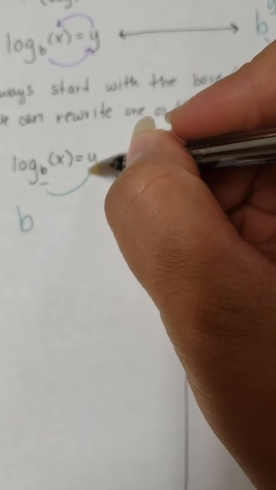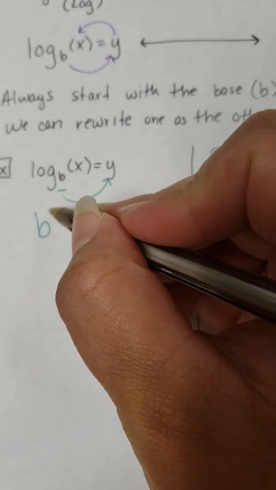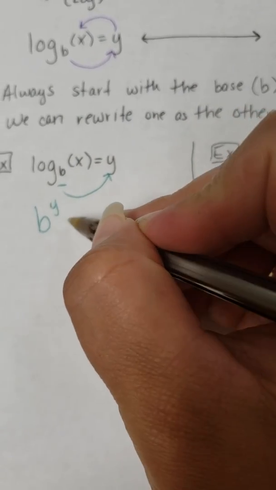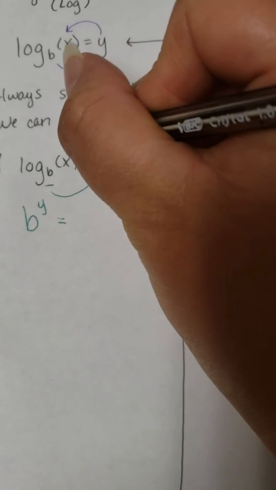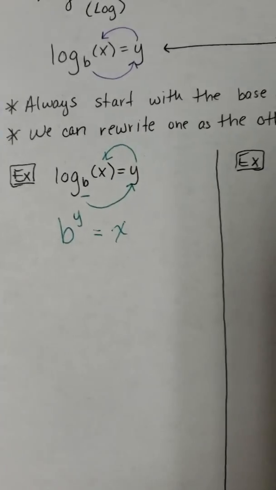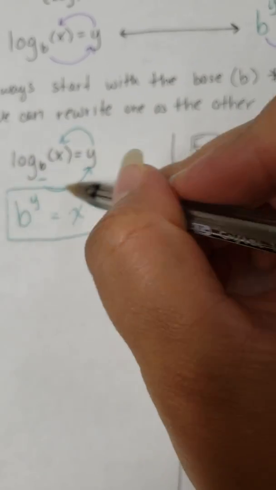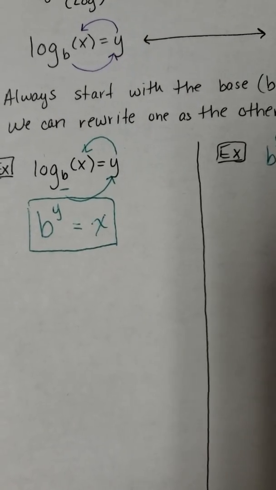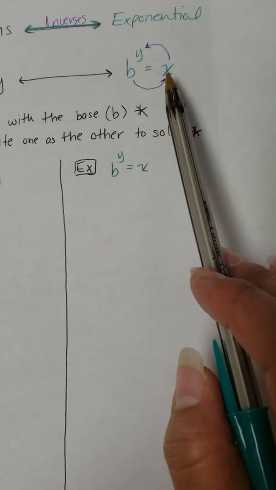So b to the power of whatever's over here. So b to the power of y equals, and then it just goes around again to x. So equals x. And that's it. That's the answer for this one. That's how you rewrite this as an exponential. And if you look up here, that's exactly what I have over here.